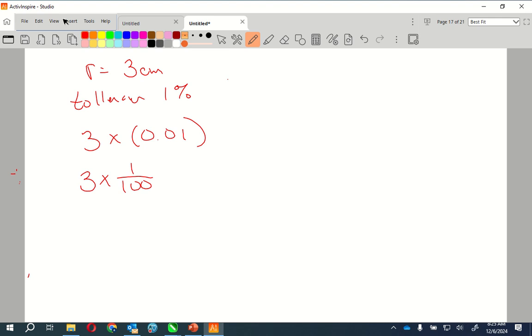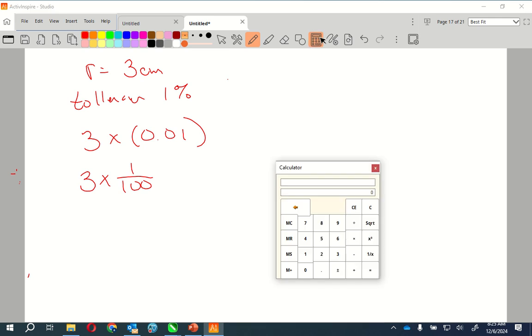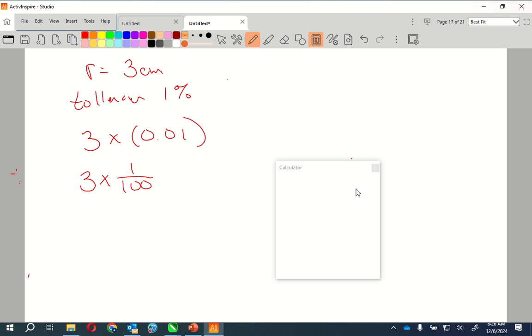So 3 times the fraction, because if you have to do a 2.5%, it's a little bit easier to try and do it like that. 2.5 divided by 100, because a lot of people screw up that fraction portion all the time. So right there, this comes out to be 0.03. So that is my tolerance.